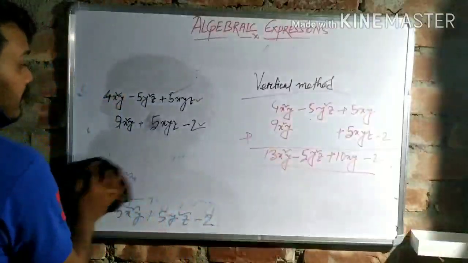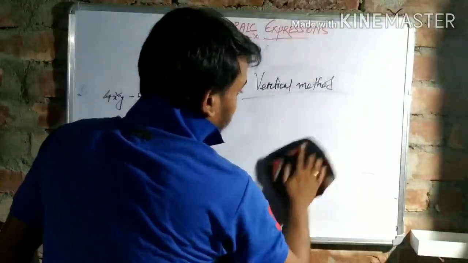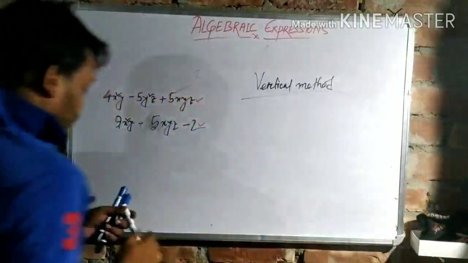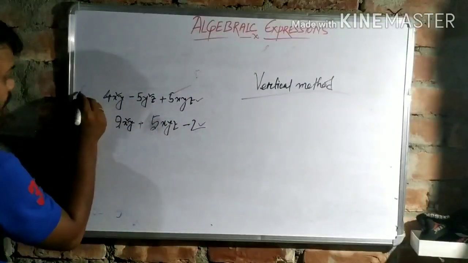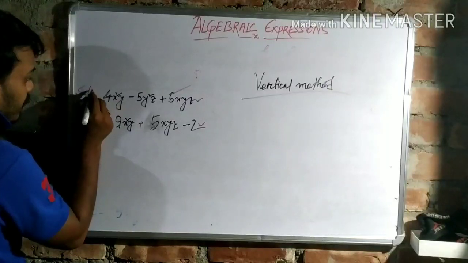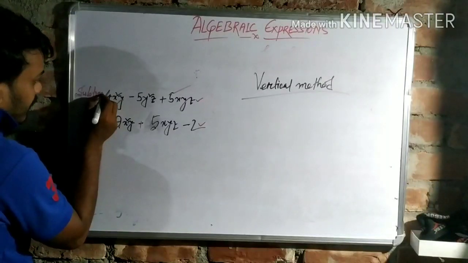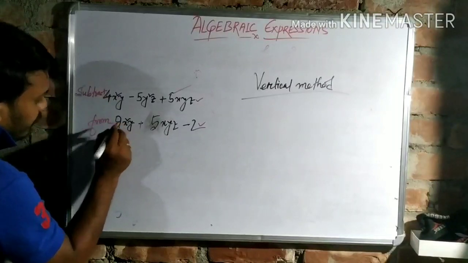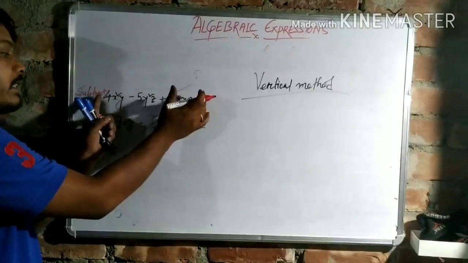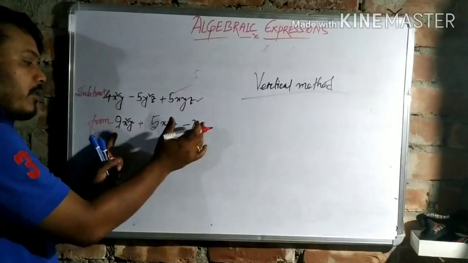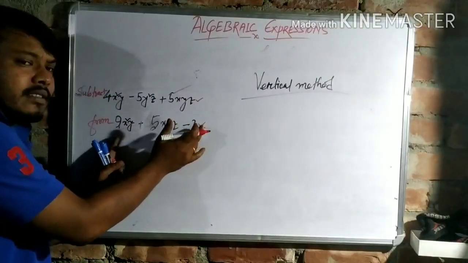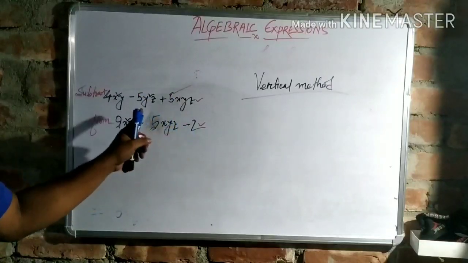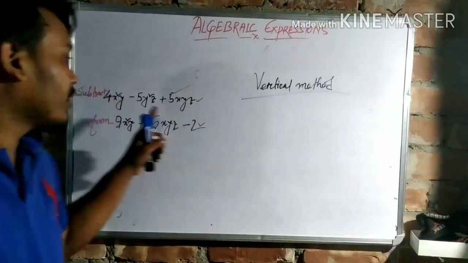Now subtraction. If the values remain the same and the question is to subtract this value from this value, we write first this value. Subtraction is not commutative.